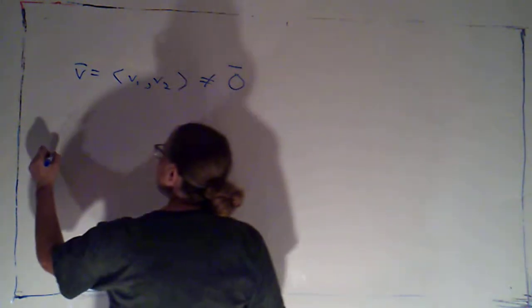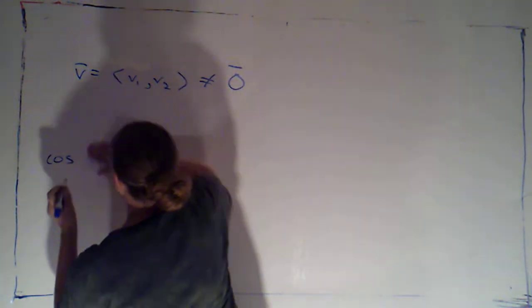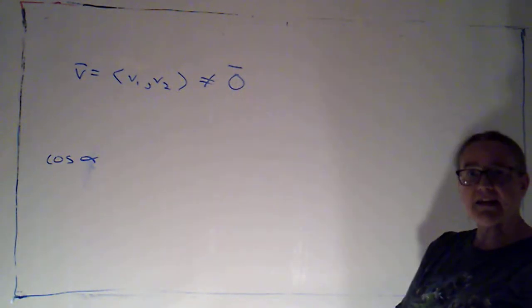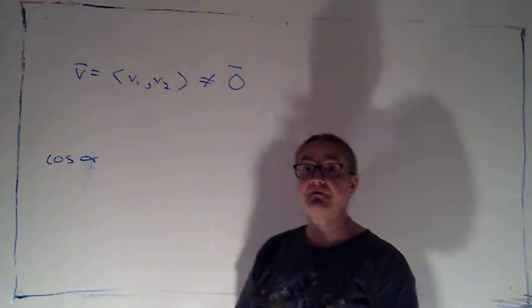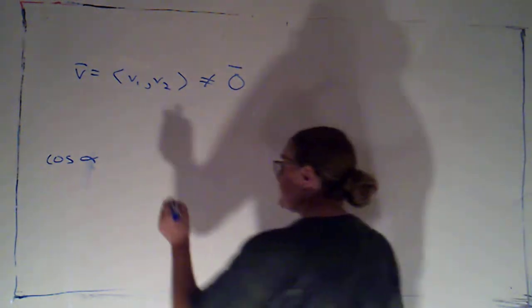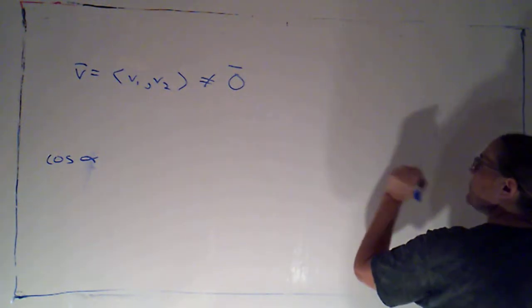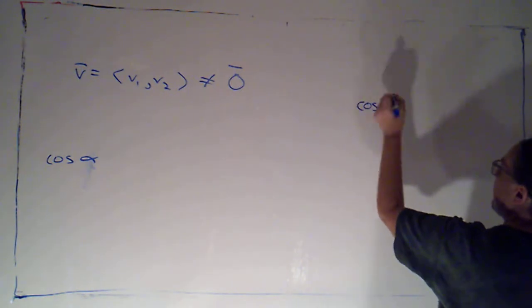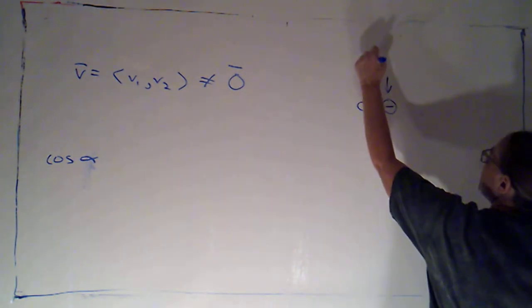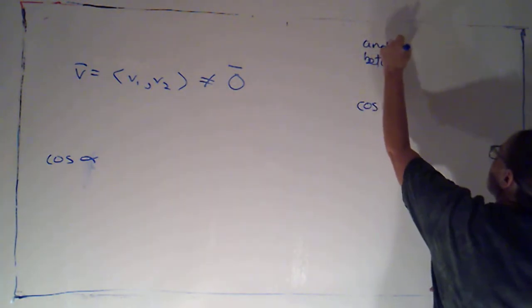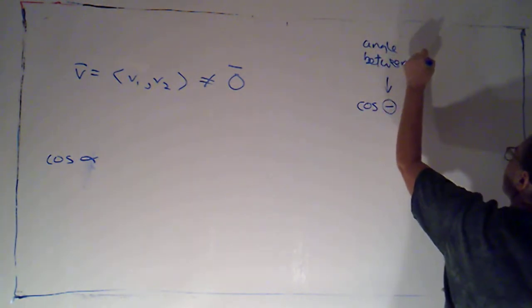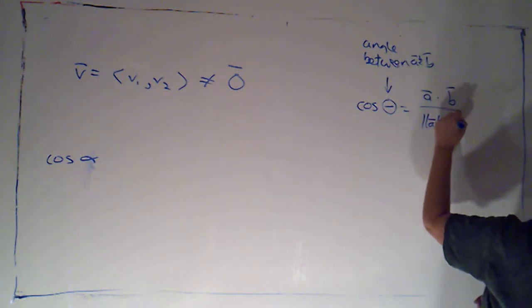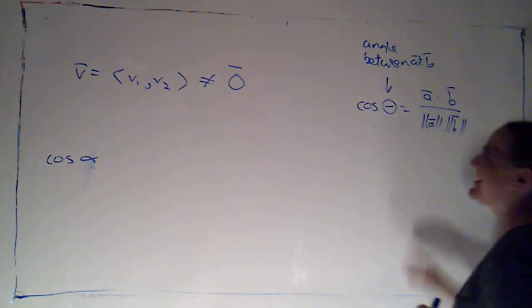Now if I wanted to calculate cosine of alpha, we said that's the angle between V and I. So cosine of that, using this nifty formula that we have now, that cosine of theta, where theta is the angle between A and B, is A dotted with B over the magnitude of A times the magnitude of B. We spent some time proving this in the last couple of videos.